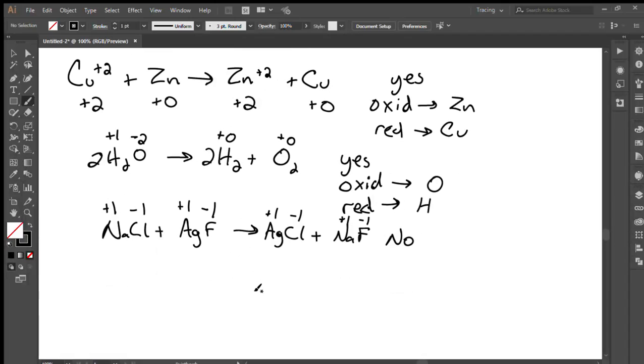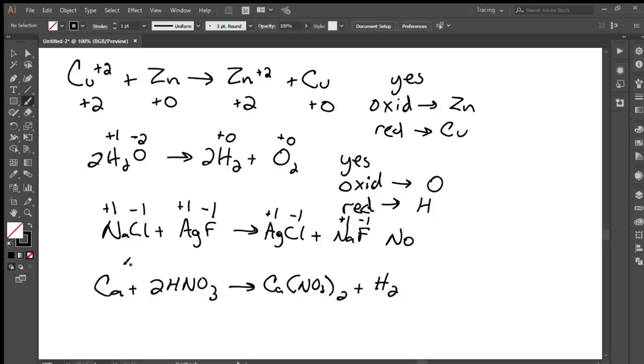Okay, let's do the last one here. Here we go, calcium plus 2 nitric acids gives us calcium nitrate plus hydrogen gas.